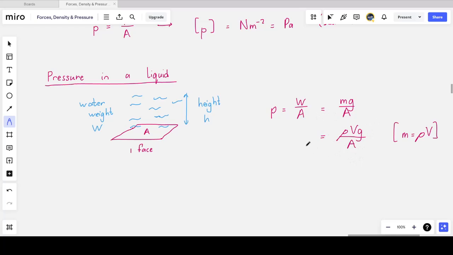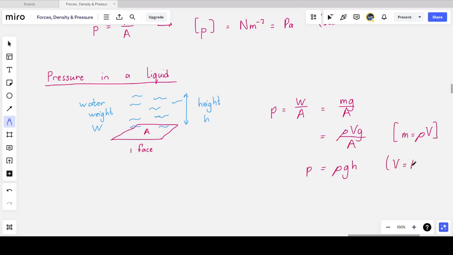But wait a minute, this is a column of water. You can think of this as a box of water, essentially. And volume divided by area is simply going to give me the height. So P is equal to rho g h. Why?